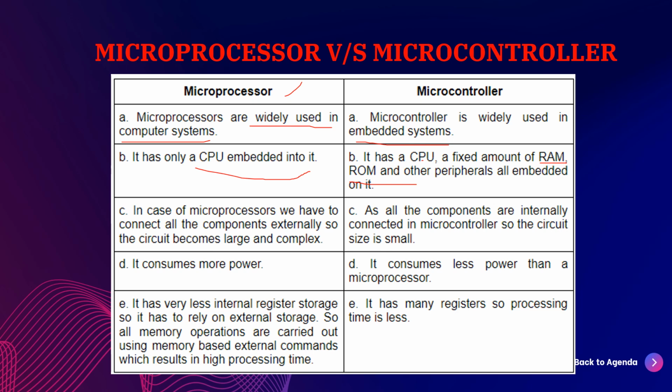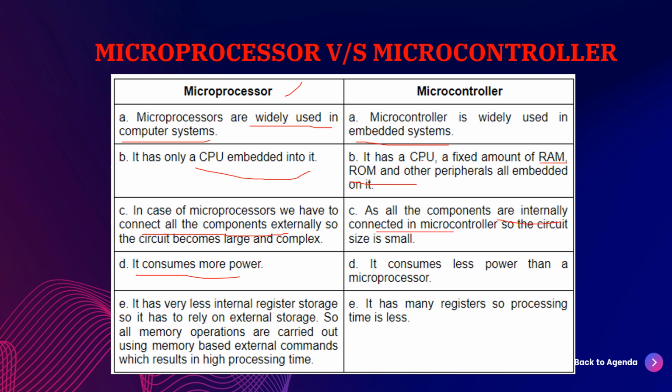In the case of a microprocessor, we have to connect all the components externally, so the circuit becomes large and complex. Whereas in a microcontroller, all the components are internally connected, so the size of the circuit is small.